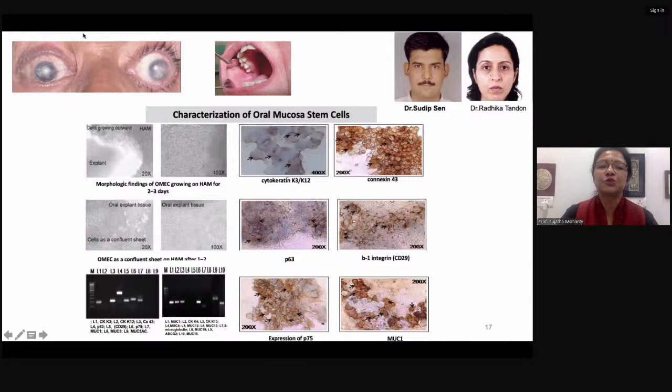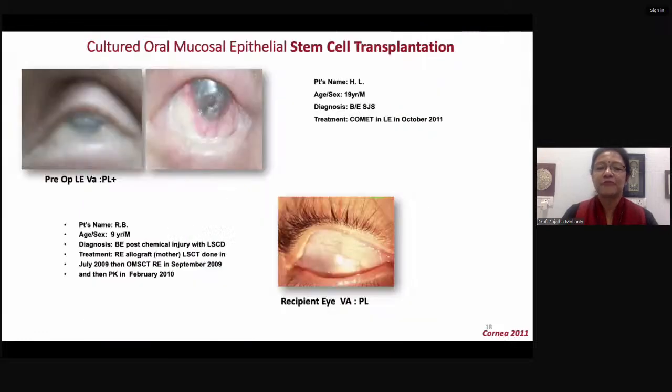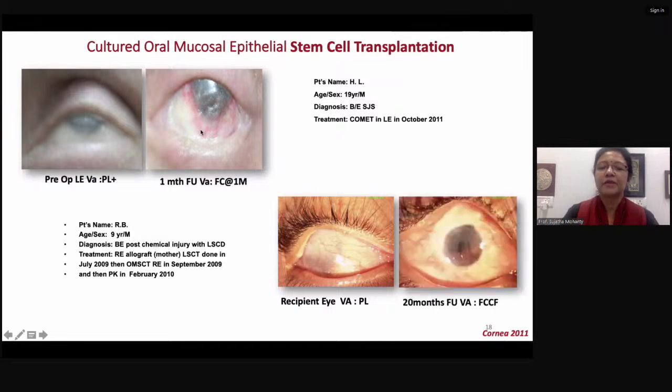This tissue was grown in the lab and extensively characterized in terms of oral mucosal stem cells. After that, we performed around 30 to 50 cases, and these are a few pictures before and after 1 month. The second one is after 20 months, showing that the ocular surface has improved.